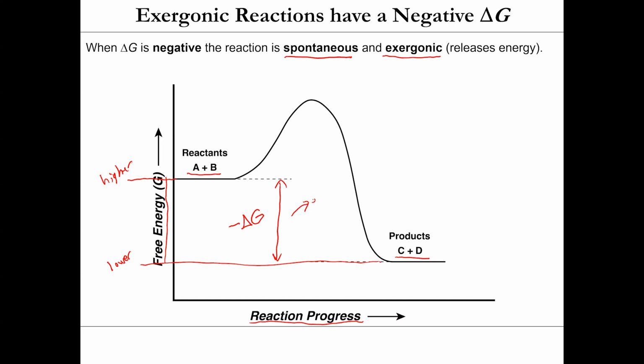So if you have higher energy in the reactants and then you have lower energy in the products, that difference in Gibbs free energy is going to be the delta G. And here it's going to be negative, and that energy is going to have to go somewhere, so it's going to be released. So when you have a negative delta G, as in the case here, that reaction will both be spontaneous and it will be exergonic, so it will release energy into the system.